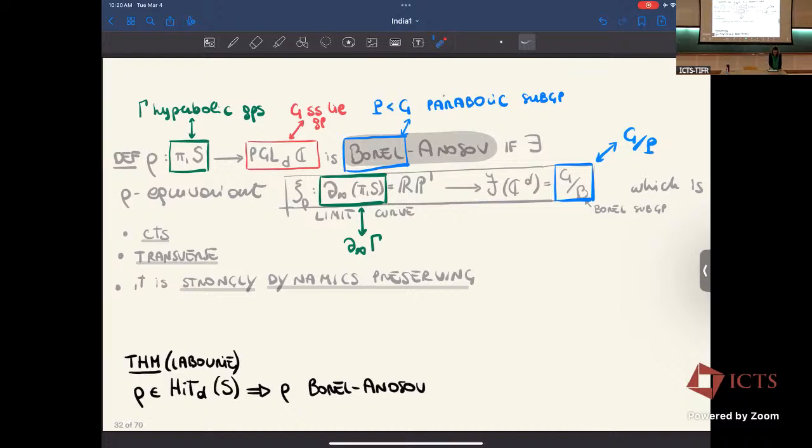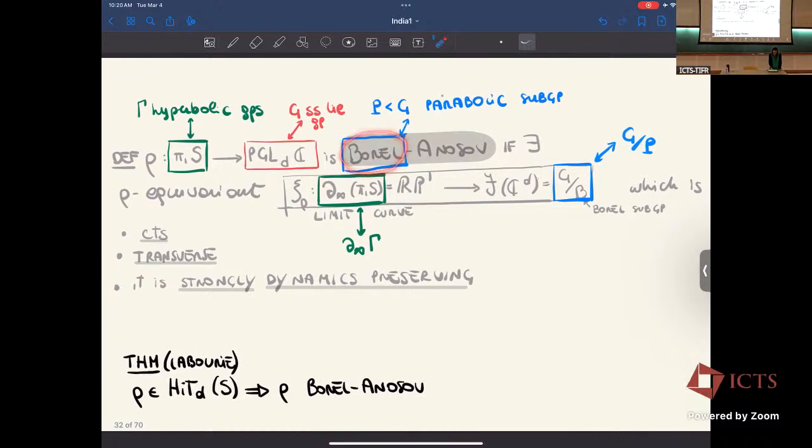If instead of having the Borel, I change to another parabolic, I just have my limit map landing in a different space. So if you are in PGL-DC, then these are all partial flag varieties. And with a different group, you work in maybe isotropic partial flags or other generalizations like that.